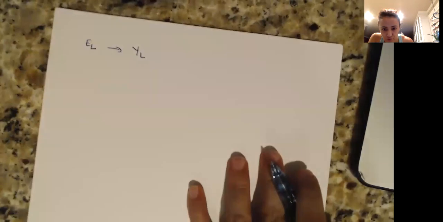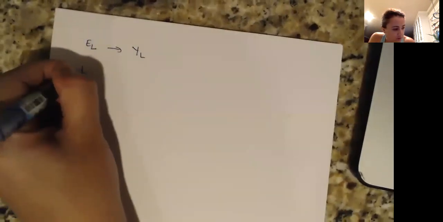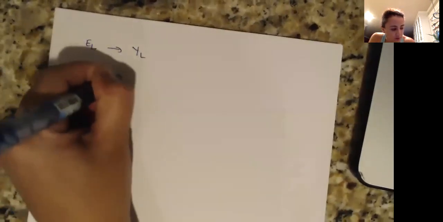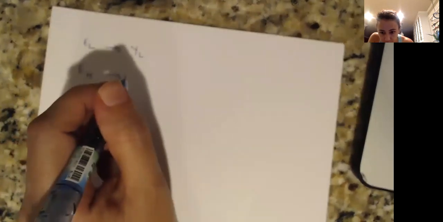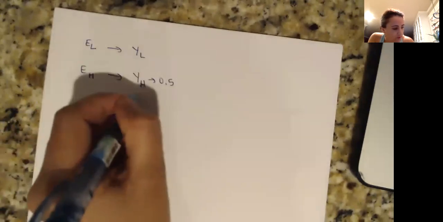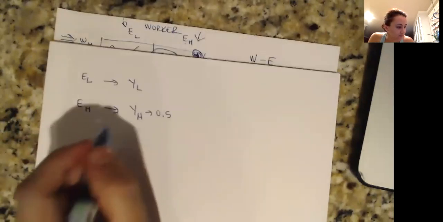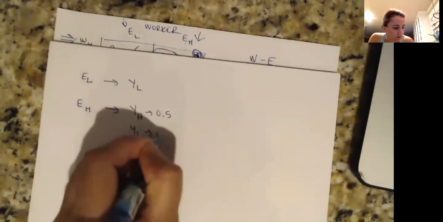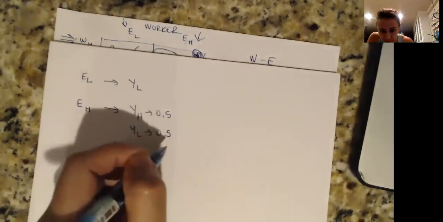If the manager chooses EL, then the output is going to be YL for sure. But if the worker chooses high effort, then we will have YH with a probability of 50% and YL with a probability of 50%.